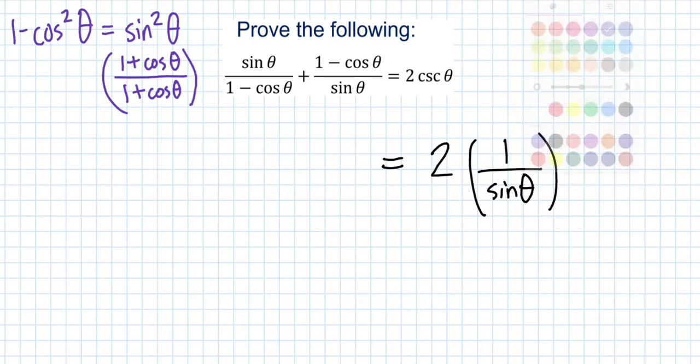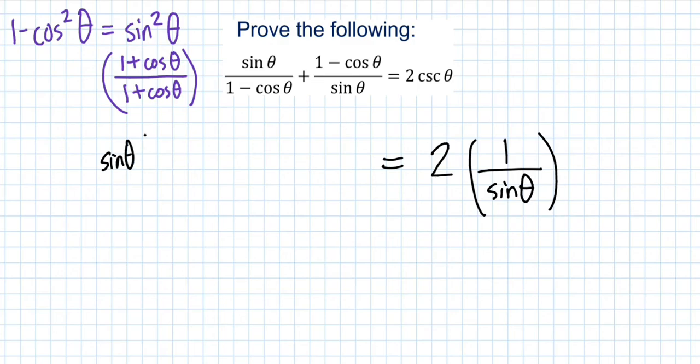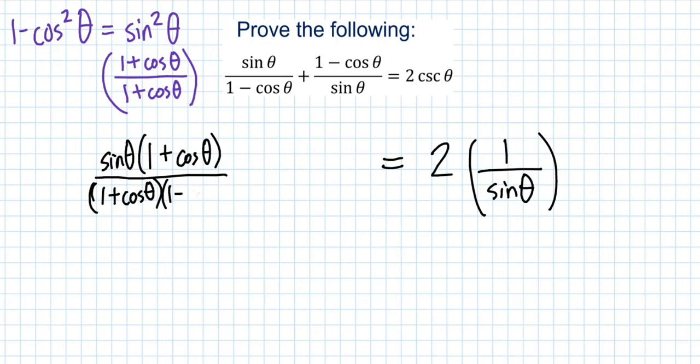Okay, so I'll go ahead and write that as sine theta multiplied by 1 plus cosine theta all over 1 plus cosine theta multiplied by 1 minus cosine theta.